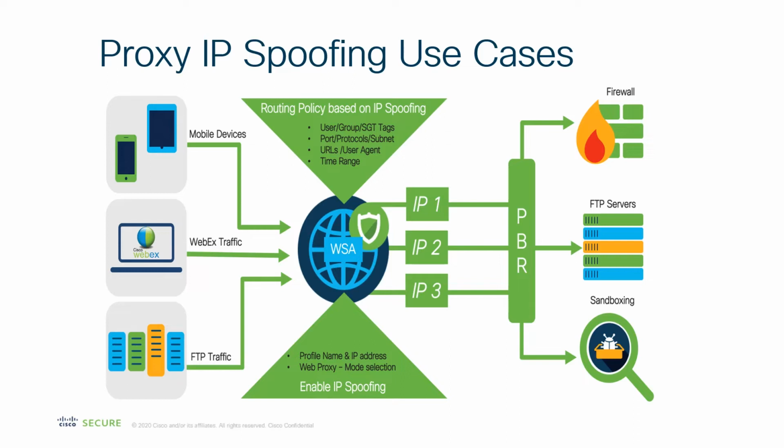IP spoofing will benefit organizations that have geopolitical requirements or use SaaS applications and want to use different IP addresses as their source IP address for their outgoing requests for different applications. They can use this feature with a small configuration change on the WSA, and of course, you need to take care of the routing on the upstream.